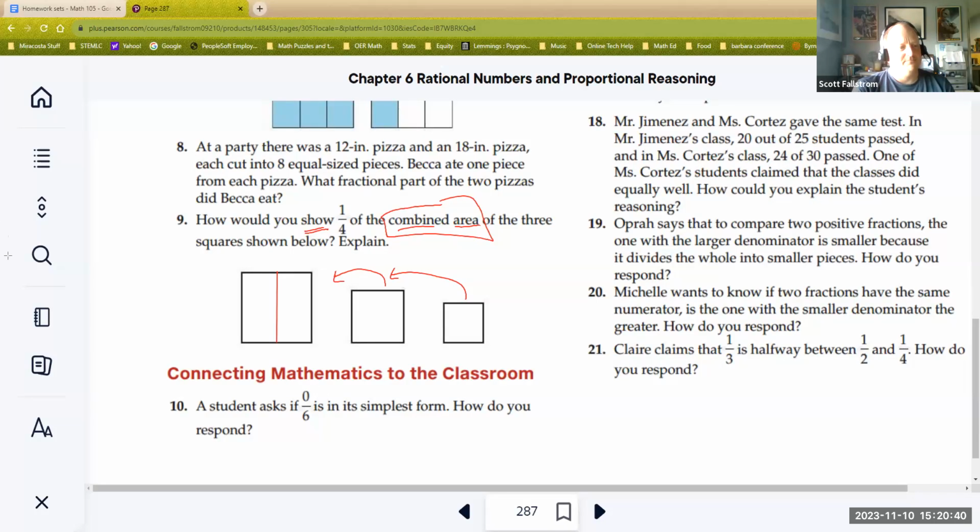Right here, if I cut each one of these objects in half and I shaded this piece right here, I would be shading 1/2 of the combined areas. So my hint to you is that I just showed how to do 1/2 of the combined areas. The question is asking you to do 1/4 of the combined areas. There are a number of different ways to do this. I want to leave that with you as a nudge in the right direction.